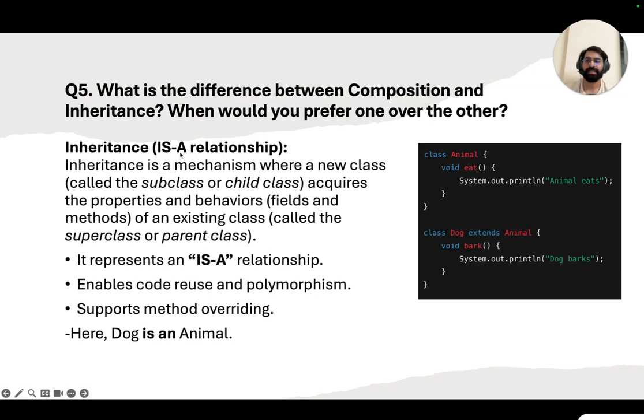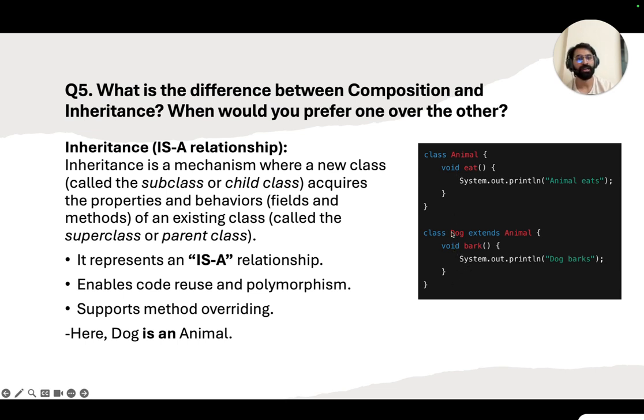Next, inheritance is a mechanism where a new class called a subclass acquires the properties and behavior of a parent class. Here you can see an example: there is an Animal class with the method eat, and Dog extends Animal with a bark method. So in Dog, eat and bark both will be available. Eat comes from Animal, and bark is already in the Dog class.